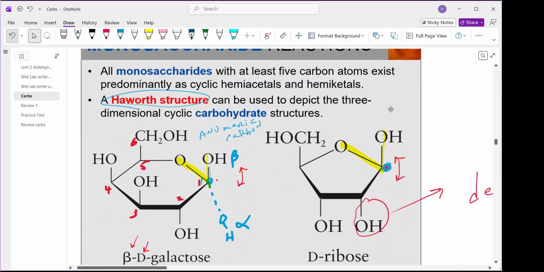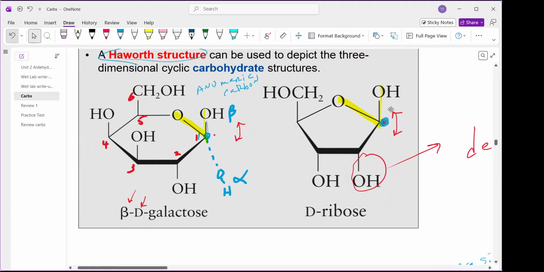Now, we're going to be looking at mostly cyclic versions of these carbs. And we're going to be using a 3-dimensional representation on a 2-dimensional piece of paper. And they call that the Haworth structure.